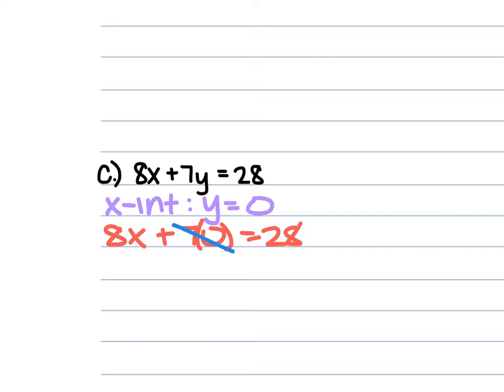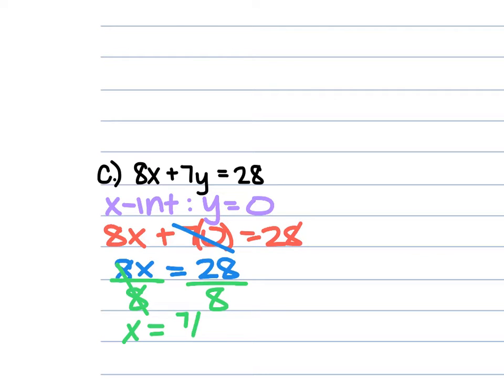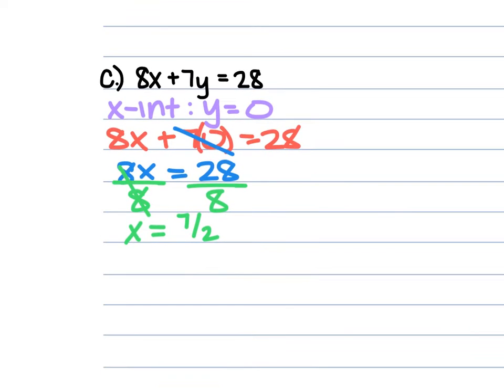The 7 times 0 cancels out, so we're going to have 8x is equal to 28. We're going to divide each side by 8. And x is going to equal 28 over 8, and both are divisible by 4. So 4 goes into 28 7 times, and 4 goes into 8 2 times. So this gives us the X-intercept of 7 over 2, comma 0.